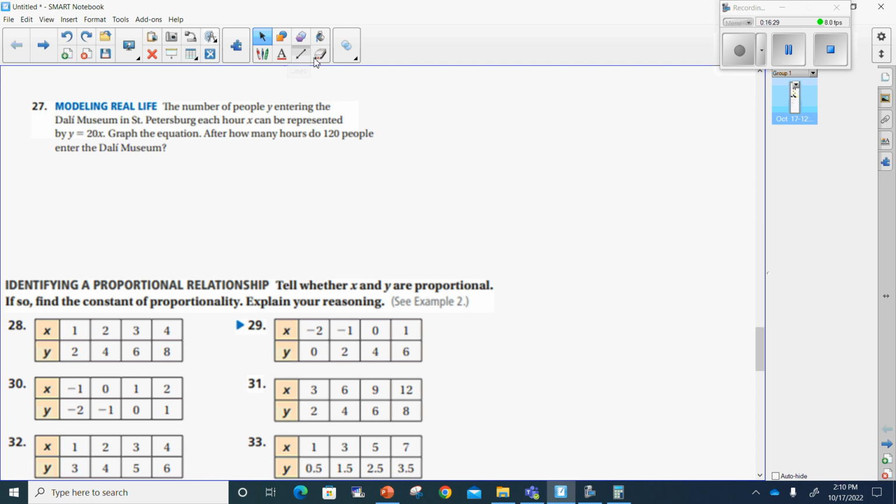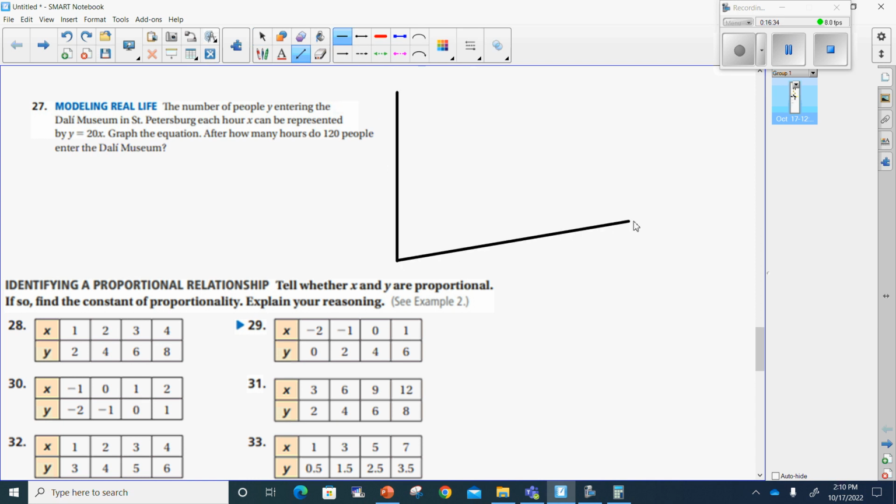Okay, once again, we're making a graph here. And this one they're talking about people each hour, X is hours, and it says people will be 20 for every hour, right? So if they want 120 people, about how many hours do 120 people take?